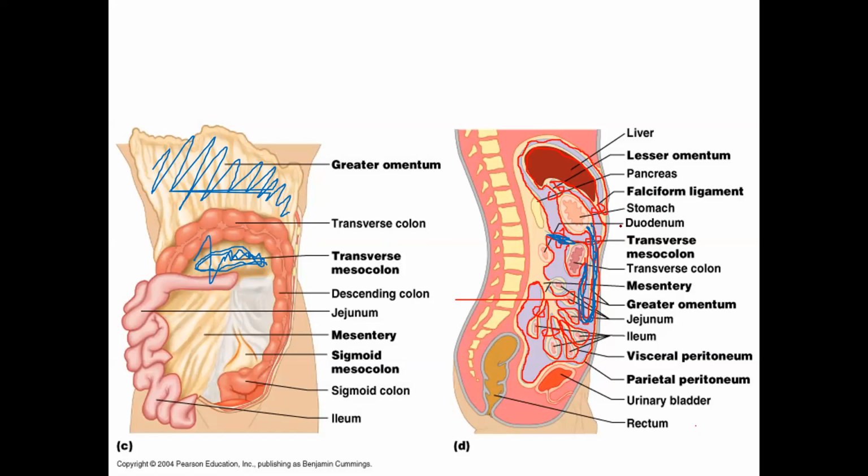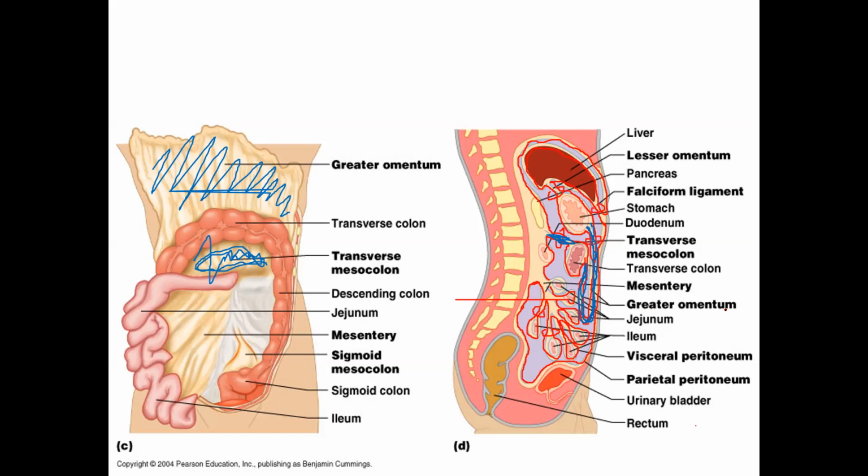So the first one we said is connecting what? Liver and stomach. This one is called the lesser omentum. The next one is connecting the stomach to the transverse colon right here. This one is called the greater omentum.